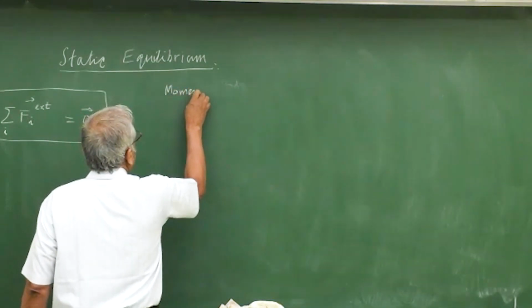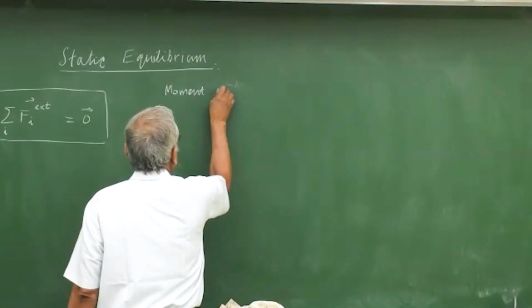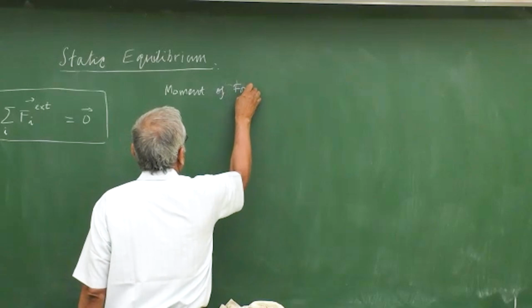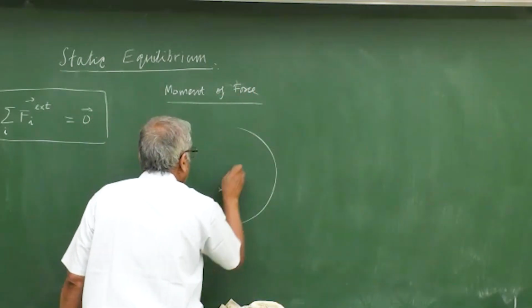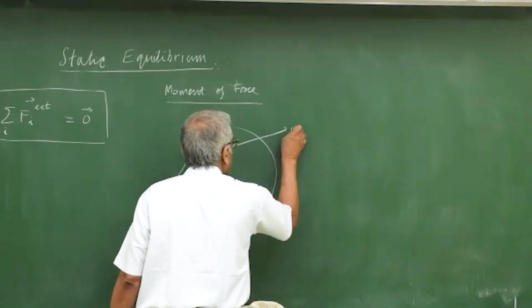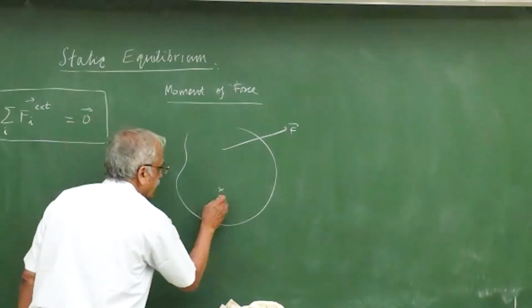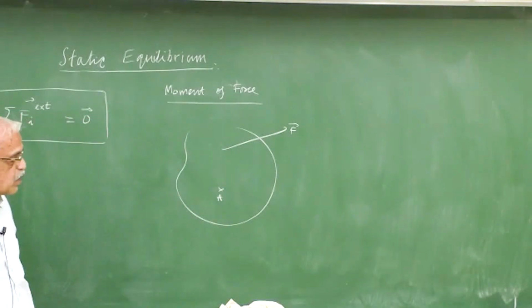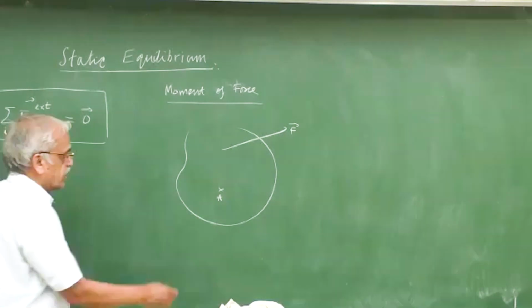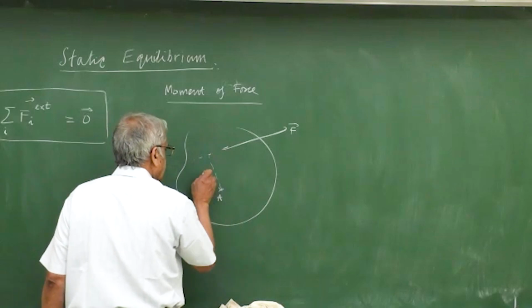We'll use it. Moment of a force. This is very important because if you take a body here, and you have an external force here, it will exert a moment about a point A. So how do we do that? One of these things is that this is a very simple one.